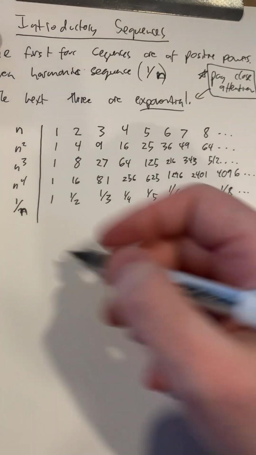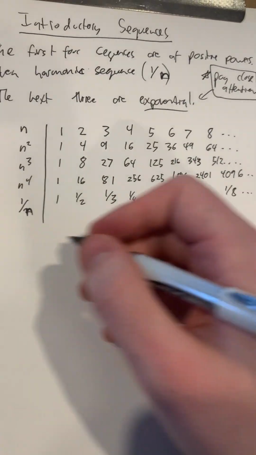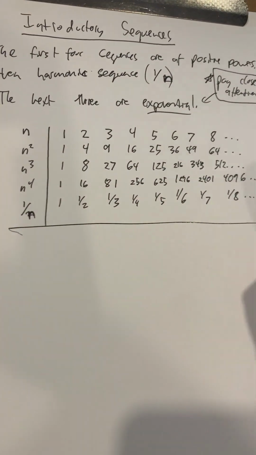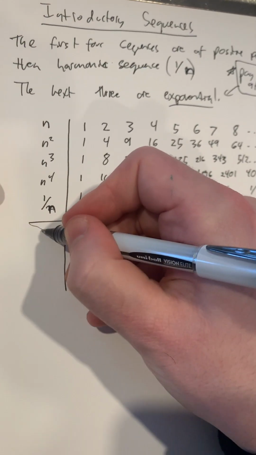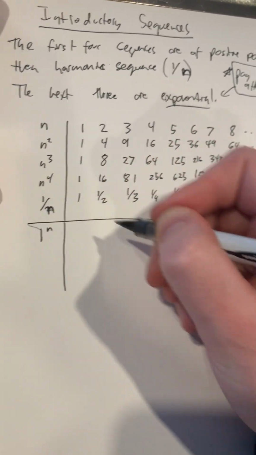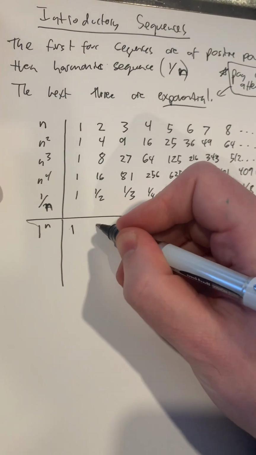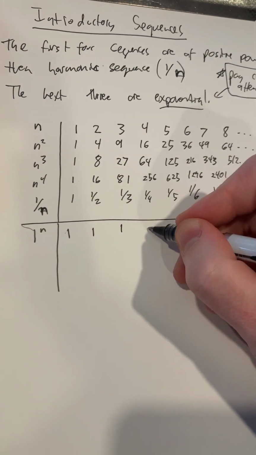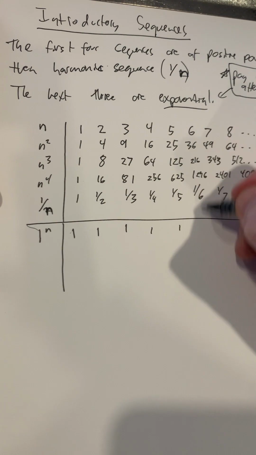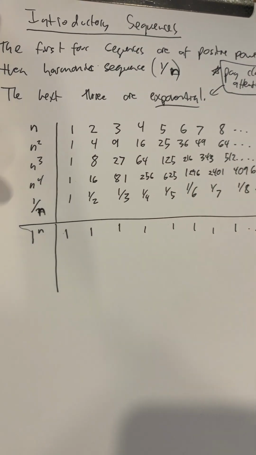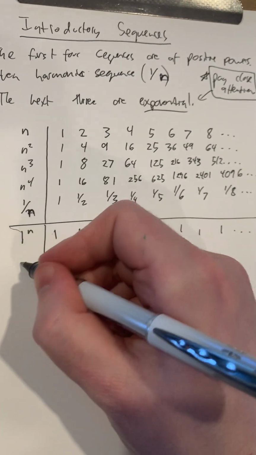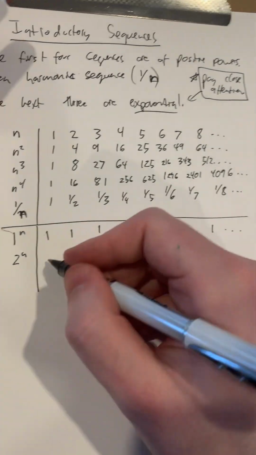Let's look at a couple more options that are also potentially available. 1 to the n. This is a sequence we should all recognize, right? 1 to the 2. Each time we're just multiplying things by 1, more and more. This will go on forever. 2 to the n, however, actually gives us some interesting behavior.